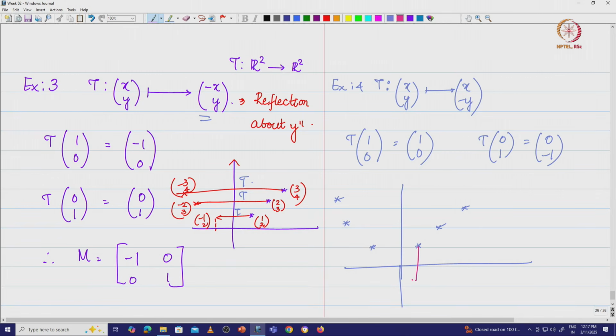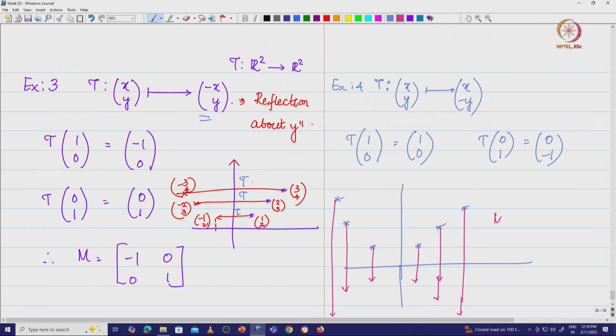This point is going to come here by a reflection, because the x value is the same, but the y value changes. This guy is going to be here, this guy is going to be here, and that guy is going to be somewhere here, right. The x coordinate is the same, and the y coordinate changes.